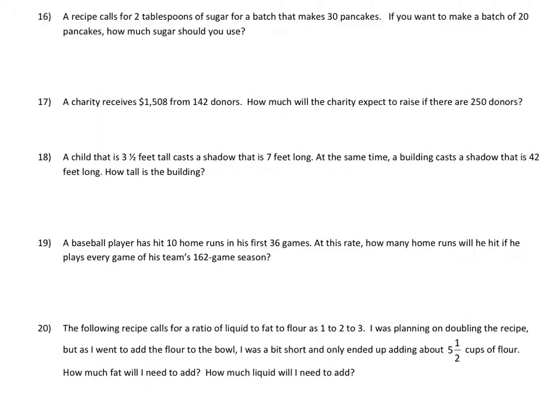Recipe calls for 2 tablespoons of sugar for a batch that makes 30 pancakes. If you want to make a batch of 20 pancakes, how much sugar should you use? So, again, we'll set up a proportion on this thing, where again it doesn't matter where we put these, either in the numerator or denominator, but what 2 things are we comparing here first?